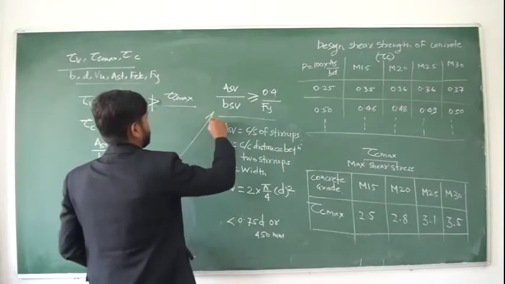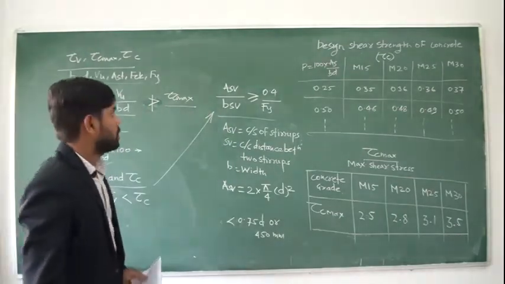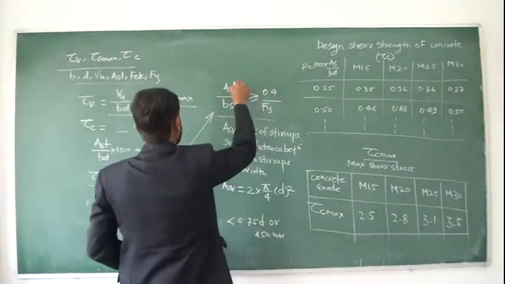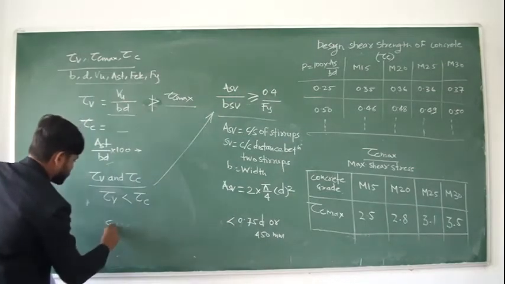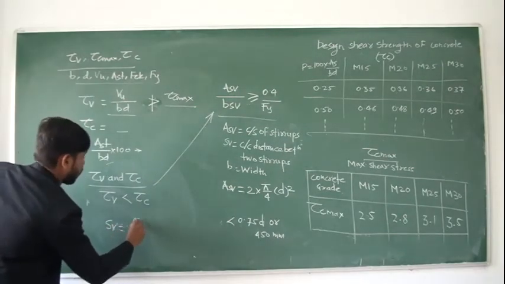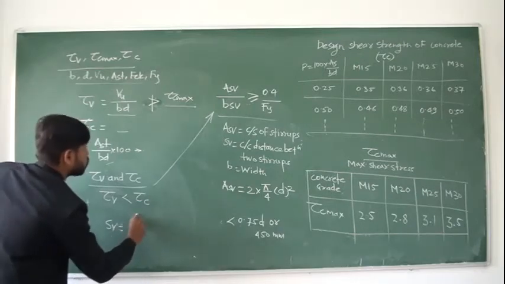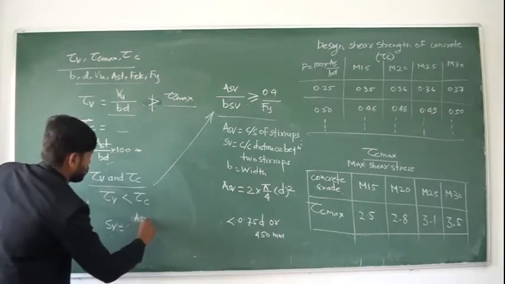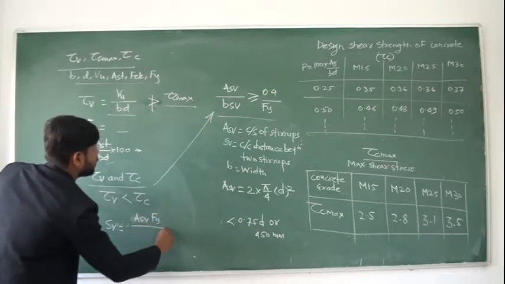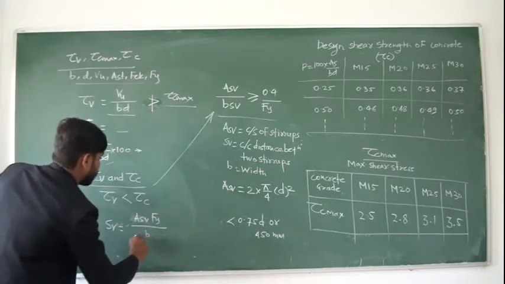You have to go for this. Okay, if you rearrange this term, you will derive one equation, that is Sv is equal to Asv into fy divided by 0.4b.